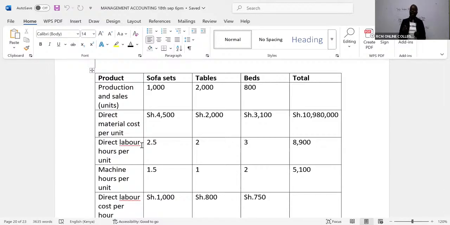If they say this is labor hours per unit, then I must multiply with the total number of units. So then this one will be equal to, for sofa sets, I can see labor hours are how many? 2.5, isn't it? Times how many sofa sets? 1,000 sofa sets. Plus some labor hours will be going to, yeah, tables.